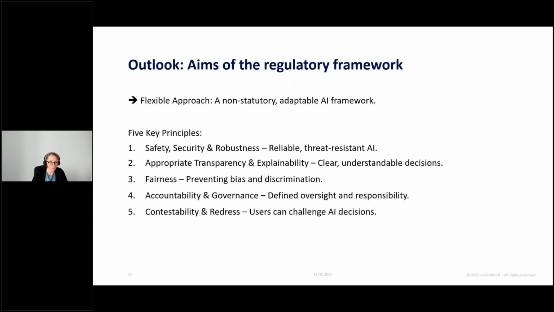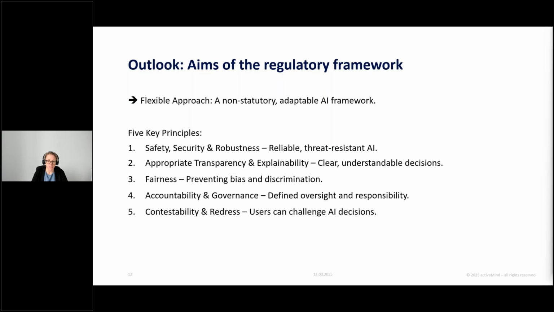Next, AI systems should be appropriate, transparent, and explainable. Those users need to understand what is going on. Fairness is also a very important principle in order to prevent bias and discrimination, especially AI systems should not undermine legal rights.